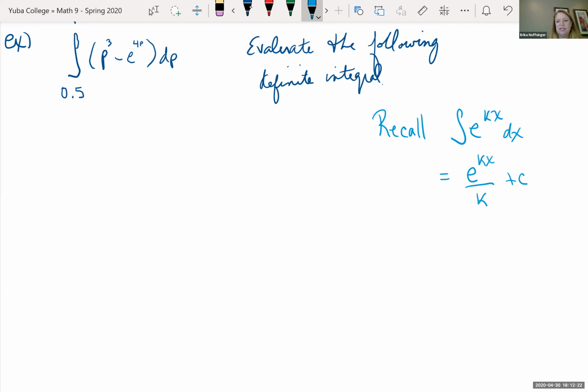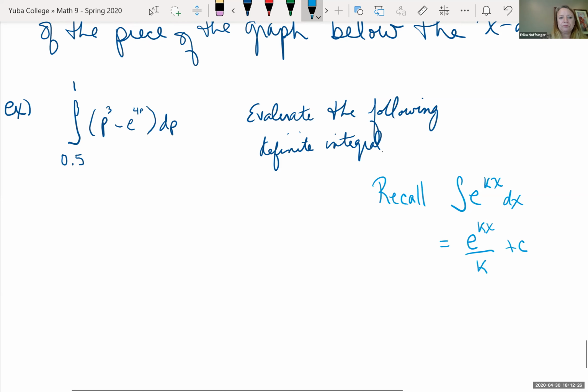Technically, I have to put that c there because I don't have bounds on that, but we're not going to over here. Okay, so now we can take the antiderivative. So antiderivative of p cubed, add 1 to our exponent. So I got p to the 4th, divide by my new exponent 4, minus the antiderivative of e to the 4p. So that's e to the 4p, all divided by 4.